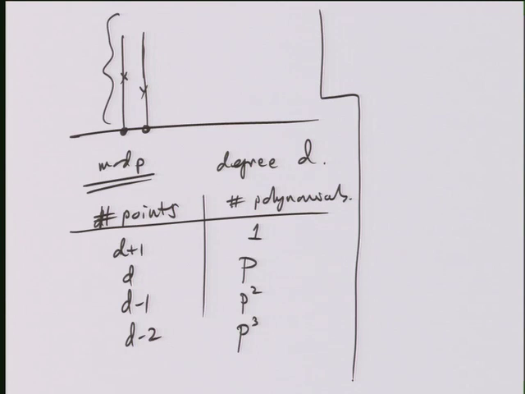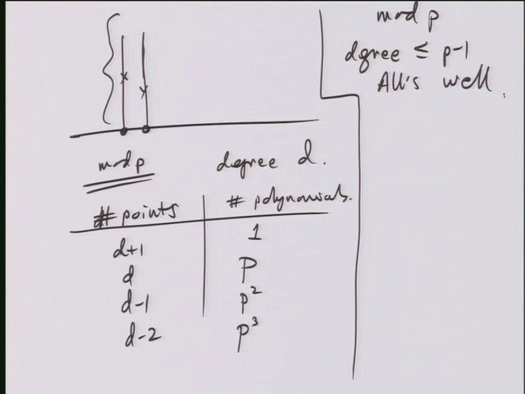But if you go above p minus 1, then you can write down two polynomials which are the same, even though they look different. So if you're working mod p, as long as the degree is less than or equal to p minus 1, all's well. You don't need to worry about anything. Once you go above p minus 1, then things start happening.